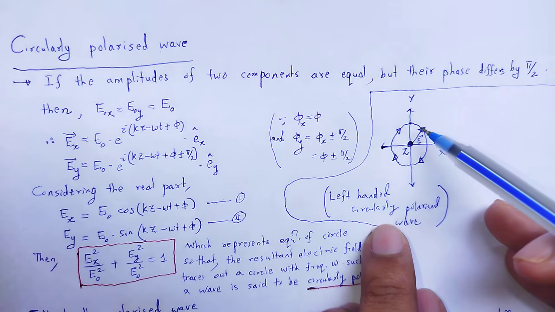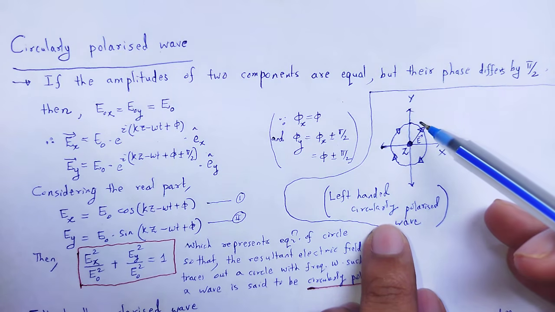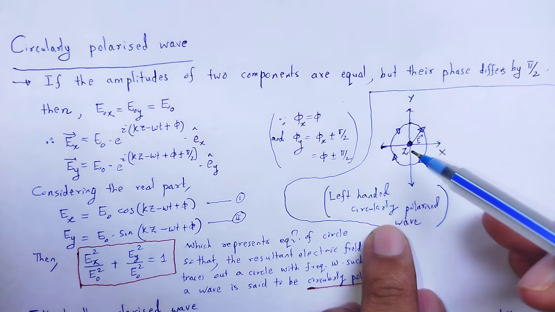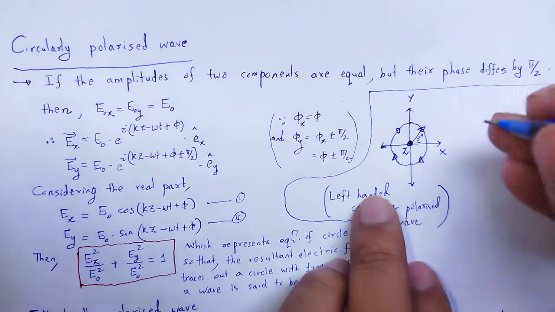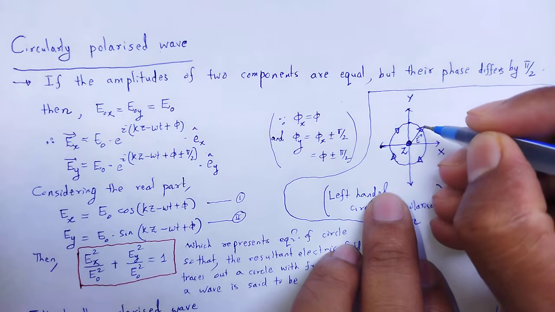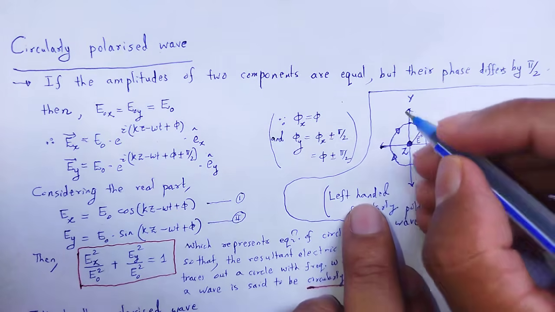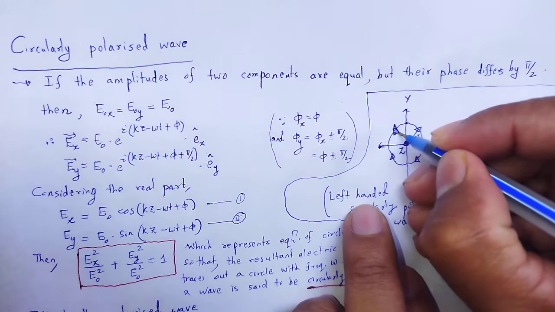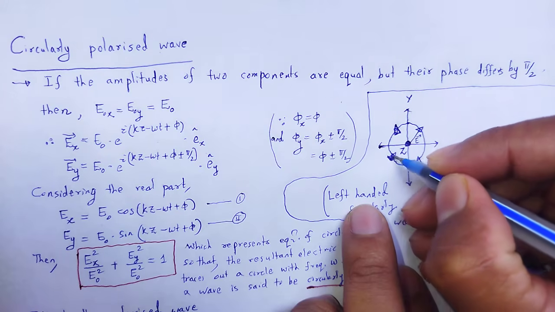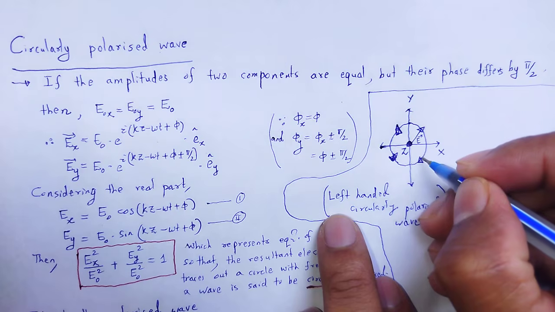If that rotation is anticlockwise, rotation here we taken as clockwise. If it is anticlockwise, then it is called left-handed circularly polarized.